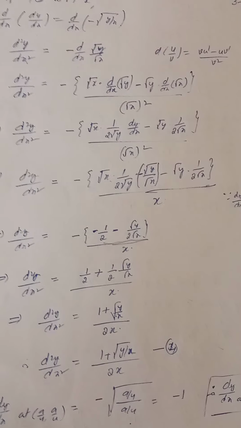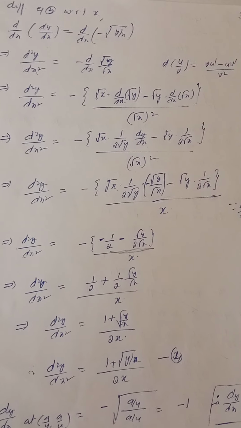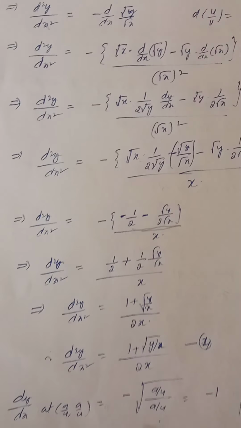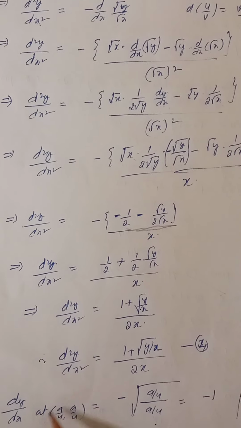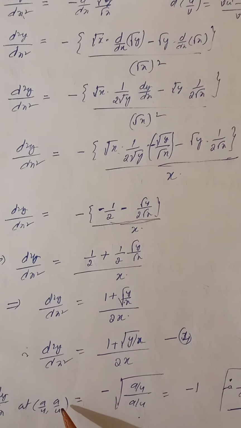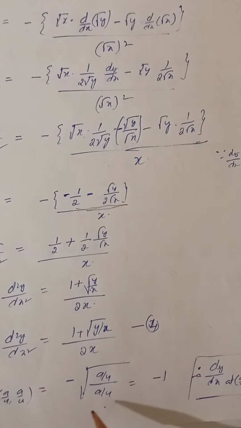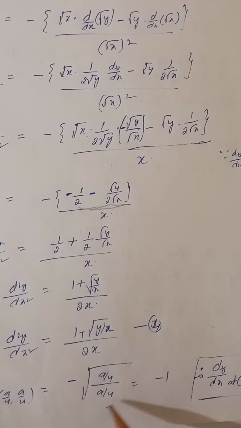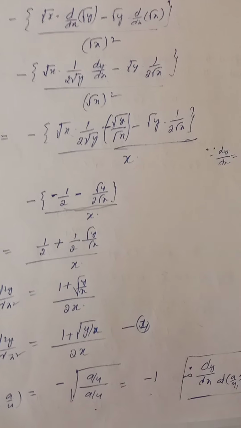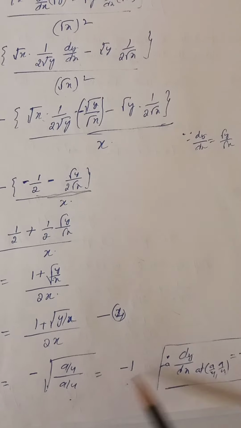Now we have to find the radius of curvature at the point (a/4, a/4), no? Now the dy/dx value at a/4: in the place of x you have to substitute a/4, in the place of y you have to substitute a/4, so minus of √(a/4) by √(a/4) is equal to minus 1. This gets cancelled, you will get 1, no? Outside minus is there, minus 1.